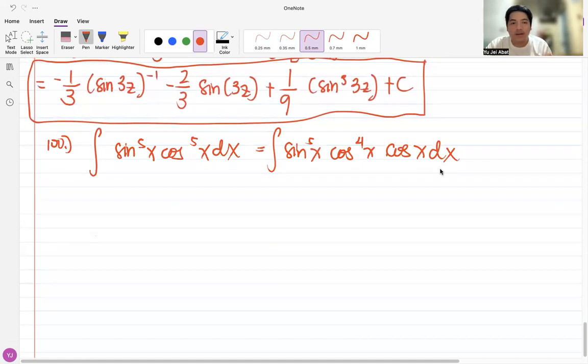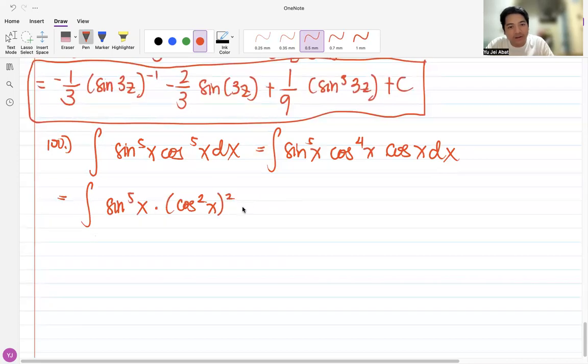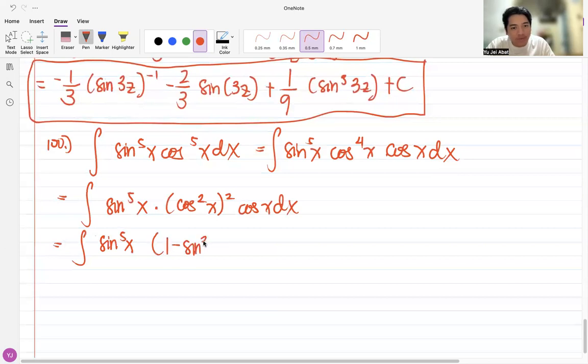Stripping off cosine lets me know that I have to express the other integrand in terms of sine. So I have sine raised to 5 x. This cosine raised to 4x is equivalent to cosine squared x squared. That gives me flexibility to convert that into the Pythagorean identity. So I have sine raised to 5 x, 1 minus sine squared x squared cosine of x dx.